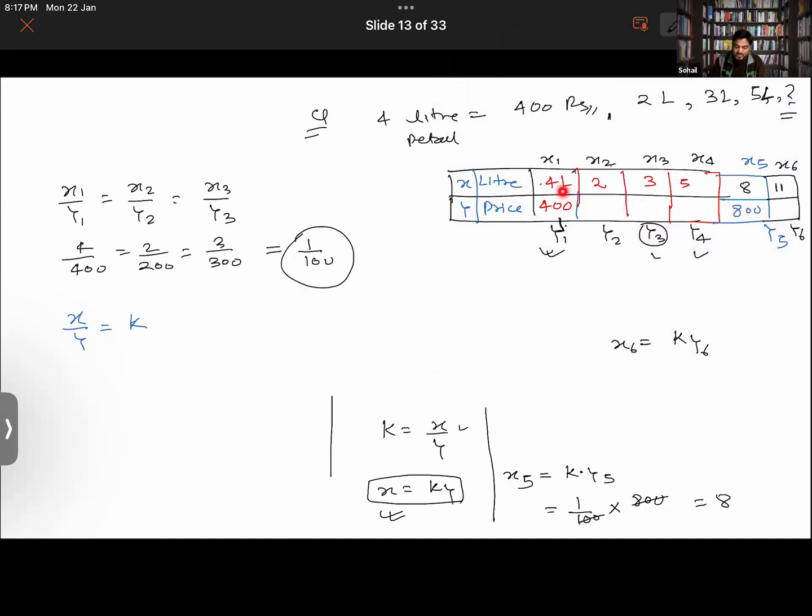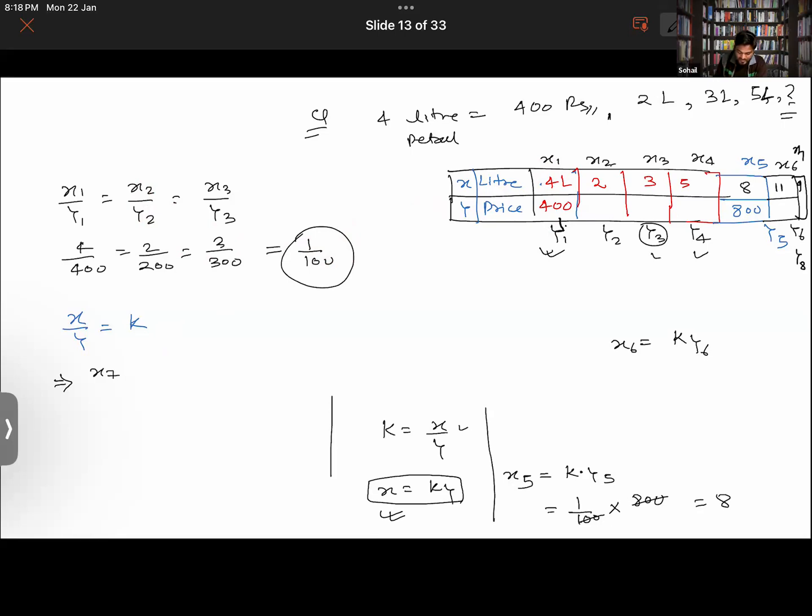In this question, once you equate two ratios and simply see x1 upon y1, if you are getting 1/100, and in the other ratio you are also getting 1/100, then you are sure that this is direct proportion and this is the constant value, right? Now simply write whatever values are given. For example, if I had extended this one more, let's say x7 is 9, you have to find y7, so 900.